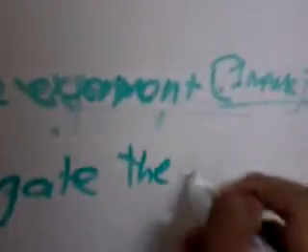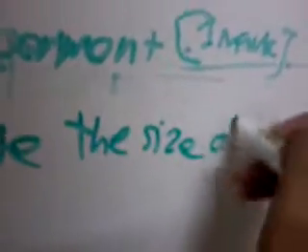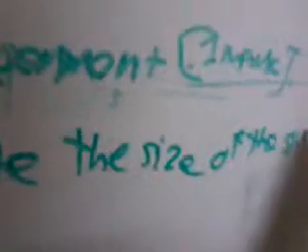Okay, to investigate. The MV is the surface area. The surface area refers to a size also. So you need to write the size of the surface area.